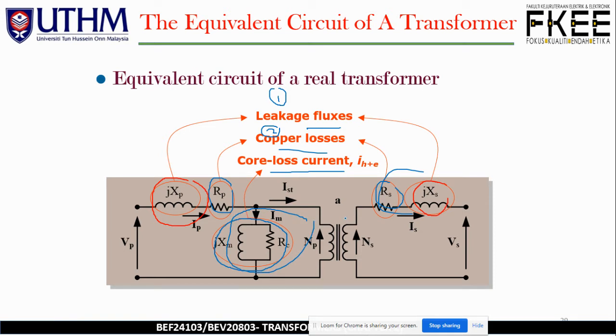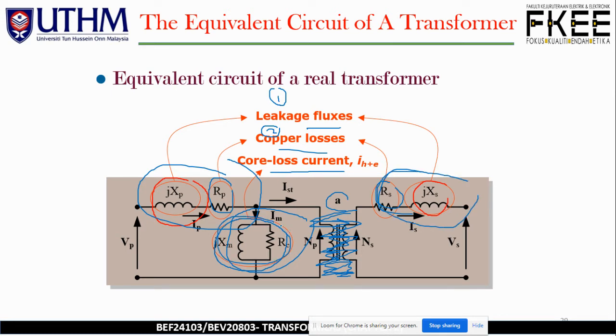Once we simplify the model, we do not have this part any longer. The turns ratio, the winding, no longer exists, and we just have the primary impedance as well as the secondary impedance and this branch.